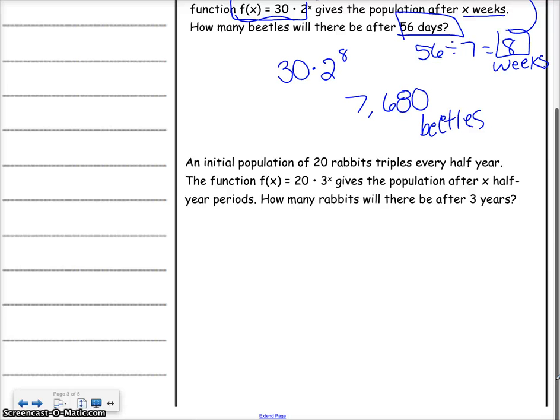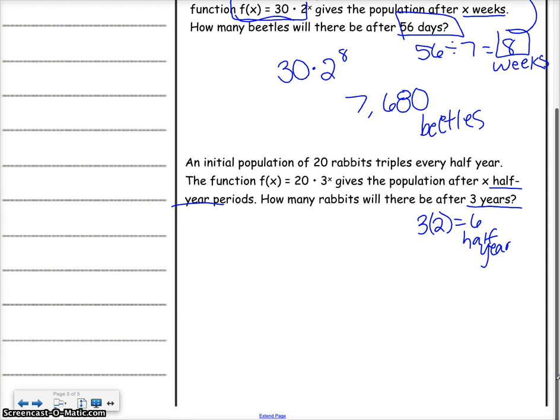So I like to maybe highlight half year is what this is related to. How many rabbits will there be after 3 years? So how many half years are in 3 years? 6, right? Because there's 2 half years in 1. So 3 times 2 is 6 half years.